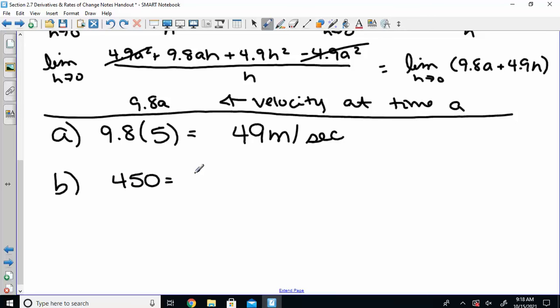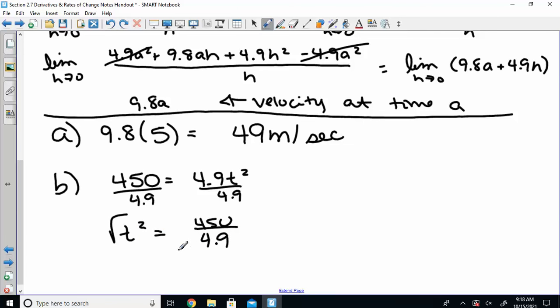So we have to travel 450 meters to get back to the ground, equals my equation, my 4.9 t squared. So I'm just solving for my time here. So you divide by 4.9. How do we get rid of a square? Square root. Normally you do plus and minus, but can time be negative? No.